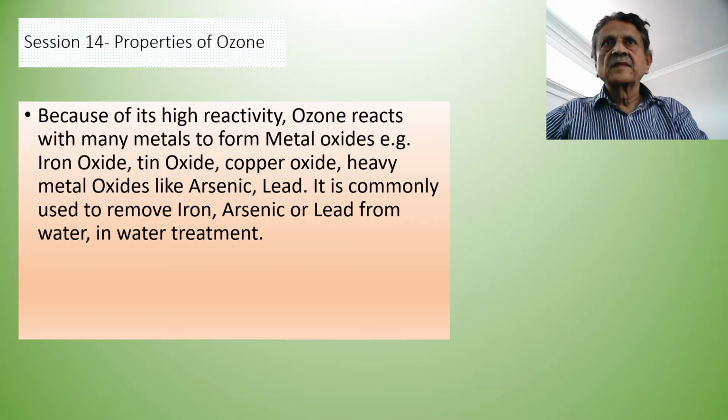Other chemical methods to remove arsenic and lead are pretty cumbersome. And so we take into consideration that ozone is the best method of treating and removing arsenic and lead. Of course, it can also remove cyanide.